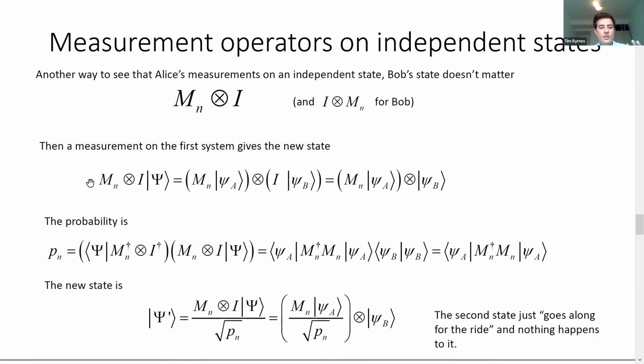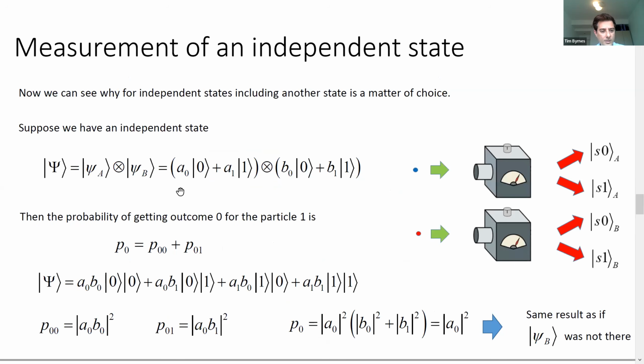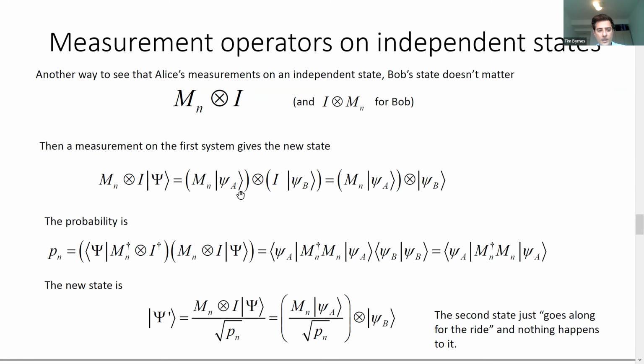And then maybe the second point here is an example. If I apply that measurement operator where Alice is the only one doing measurement to this independent state, which is not a general state, just a particular state, then this is the result I would get.